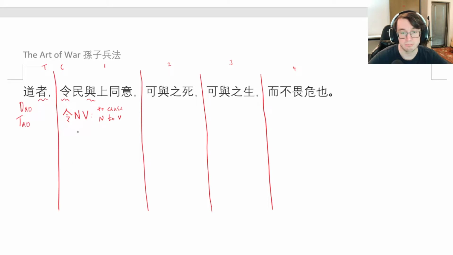Now, you can extend that to add another noun after the verb. So it could be to cause the first noun to verb the second noun, meaning do something to something, right? So in this case, we actually have that.